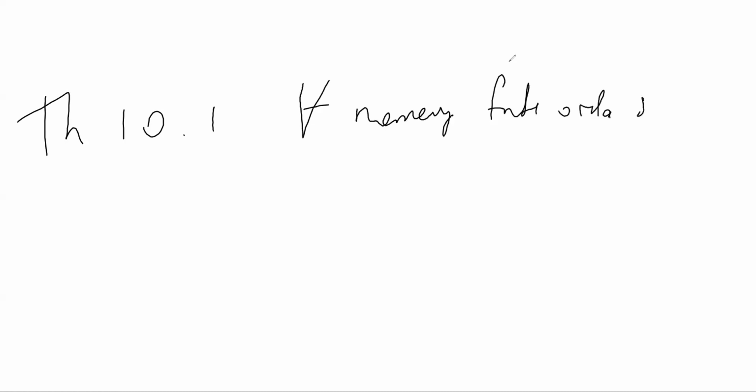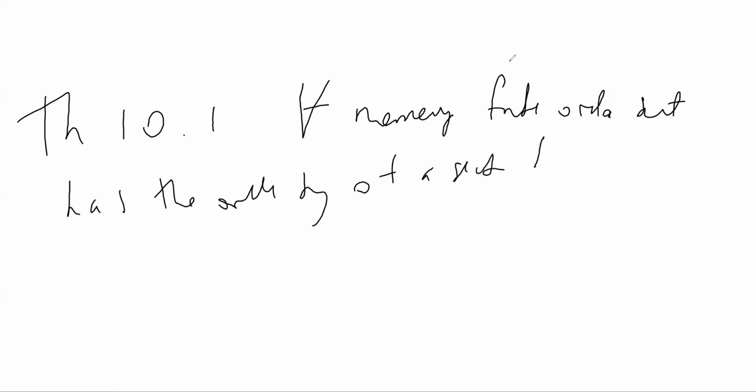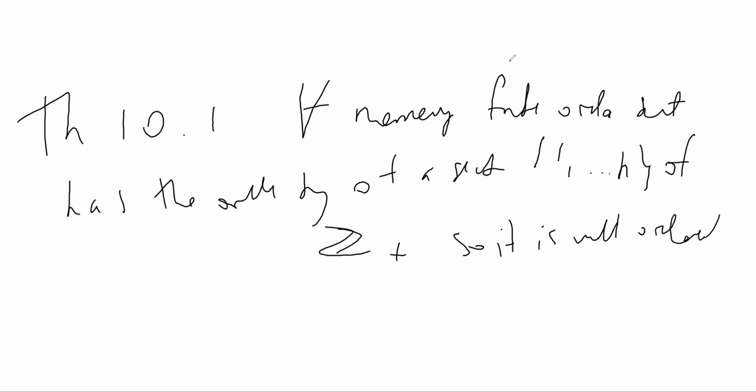And then we have Theorem 10.1, which says that every non-empty finite ordered set has the order type of a section 1 through n of Z plus. So it is well ordered.